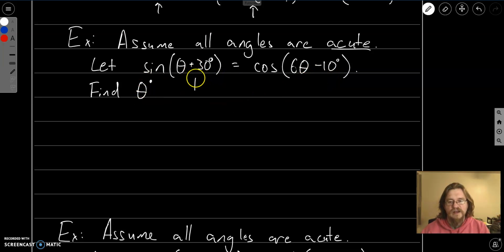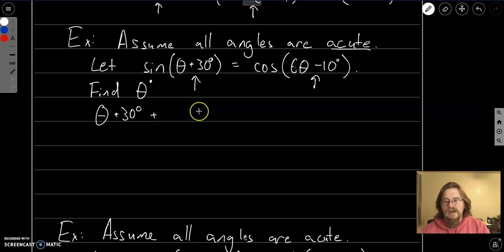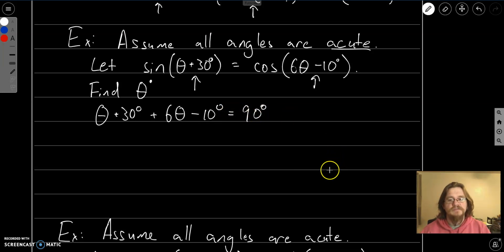Since this angle and this angle are complementary, when you add them together, you should get 90. So if I take theta plus 30 degrees, and I add this guy, 6 theta minus 10, I'm going to get 90 degrees. So let's start simplifying.